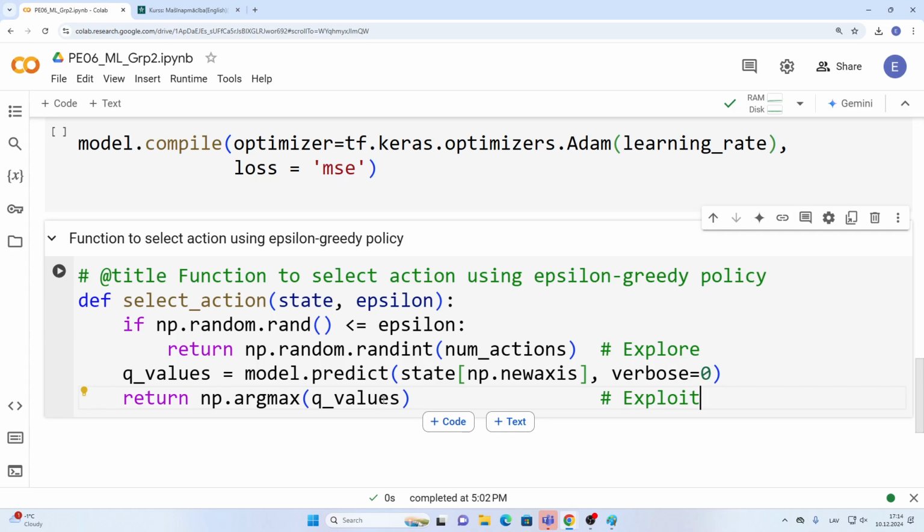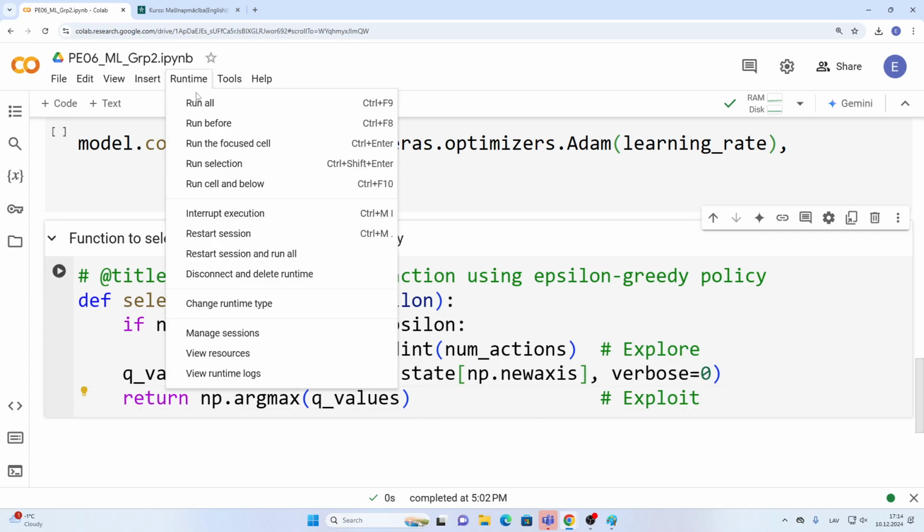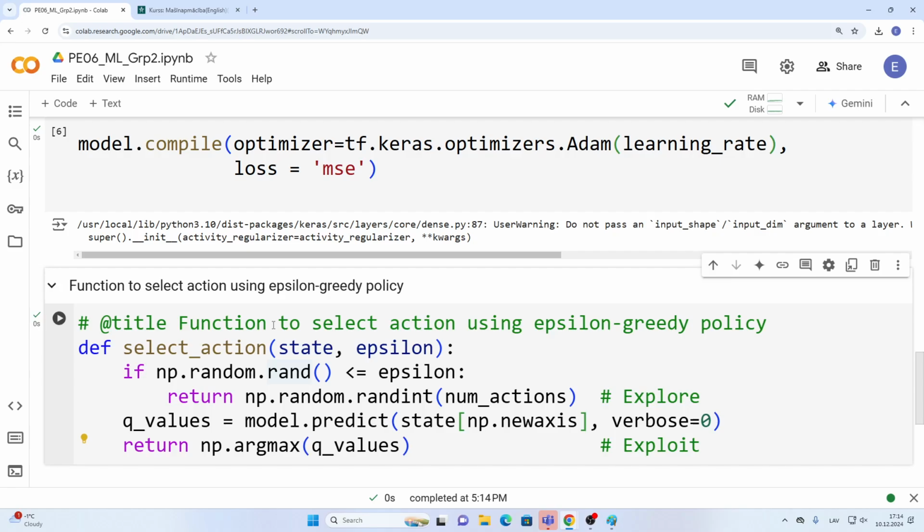It's automatically going to make it collapsible. And now I believe it's quite a good time to explain a little bit more about epsilon, what it does, about the epsilon greedy algorithm, what is exploring and what is exploiting.